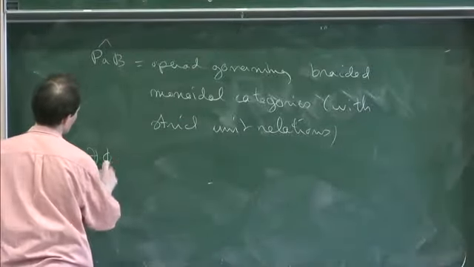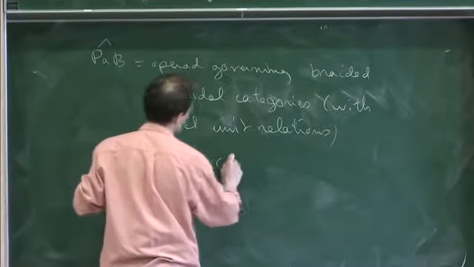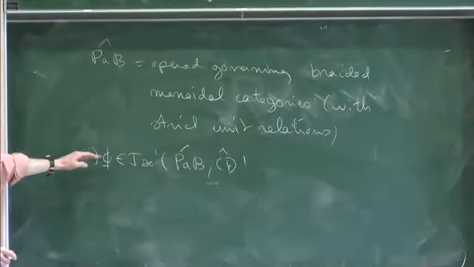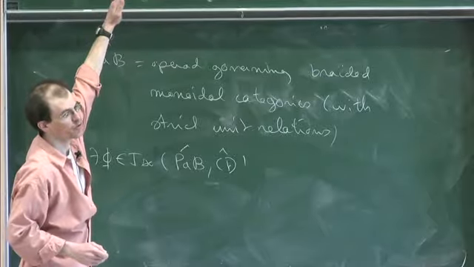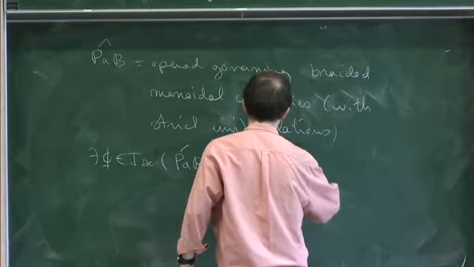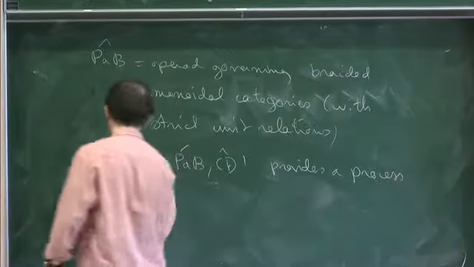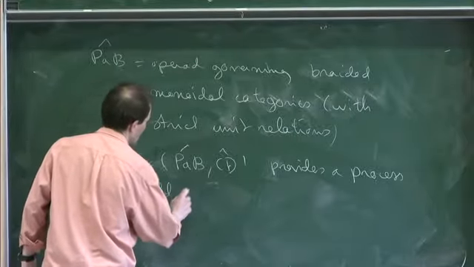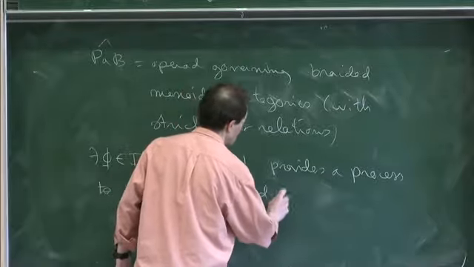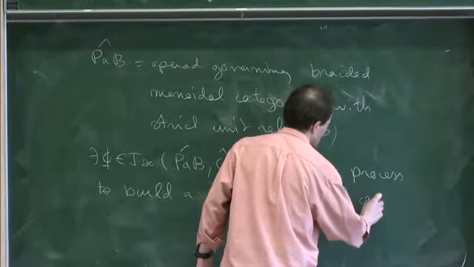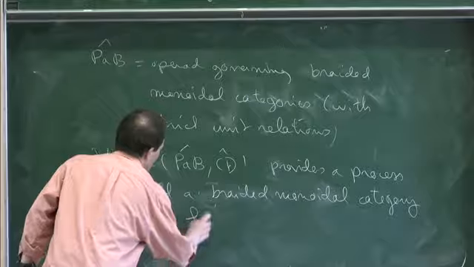Giving an isomorphism from PAB hat to CD hat provides a process to produce a braided monoidal category structure from such an R-matrix, from an action of this operad CD hat.